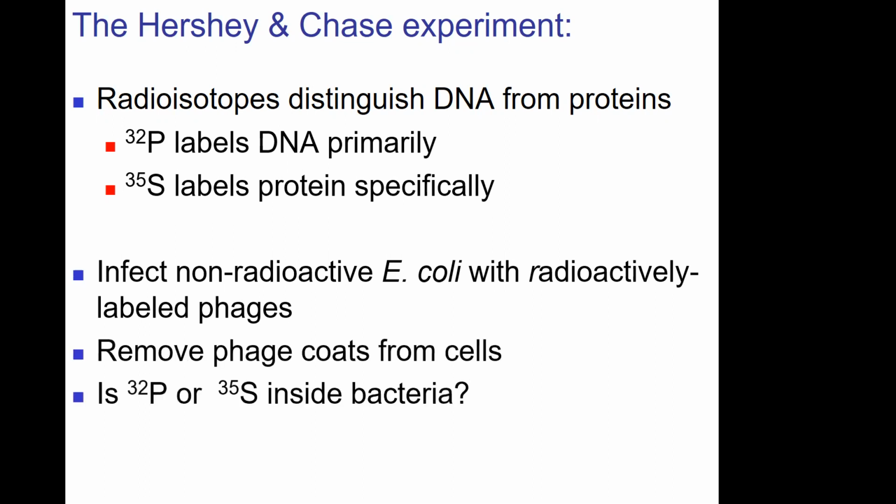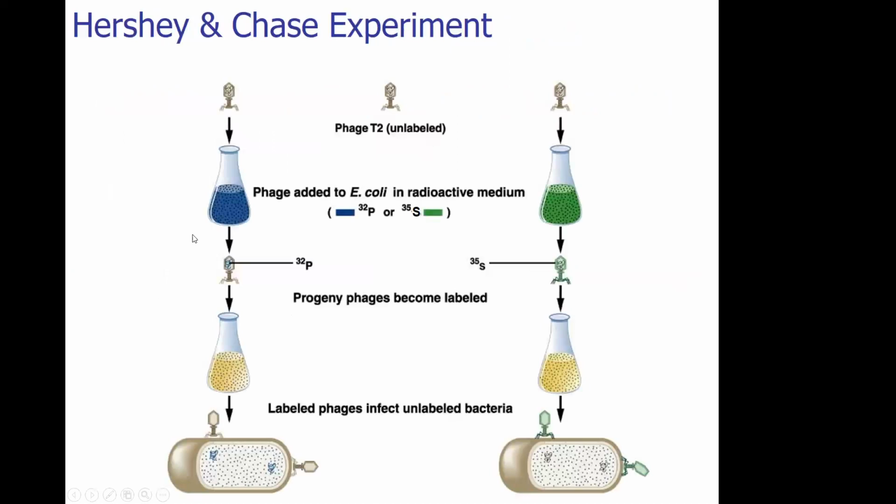And then they took the cells and they separated the dead viruses, what's called the ghost, from the bacteria. And you can do that with a centrifuge and a blender. Blend it and then put it in a centrifuge. The bacteria go to the bottom really quick, and the bacteriophage don't because they're so much smaller. So you can look and see, okay, are my bacteria radioactive?